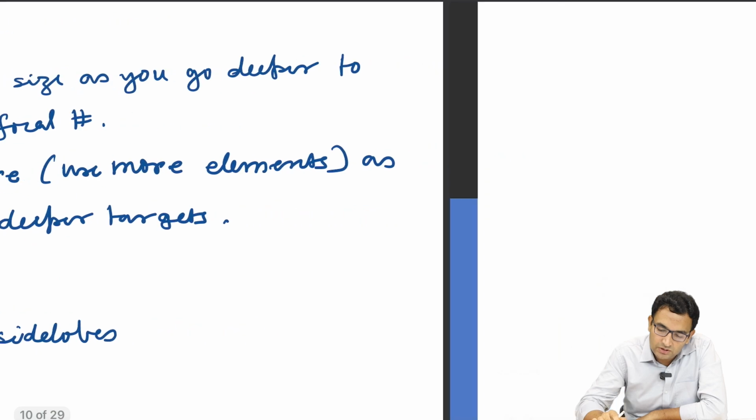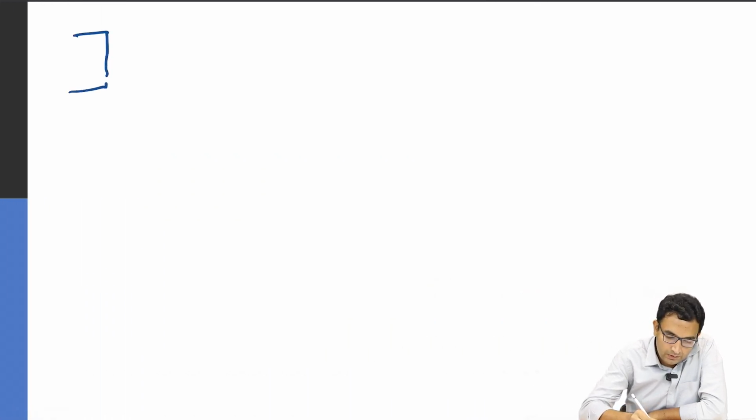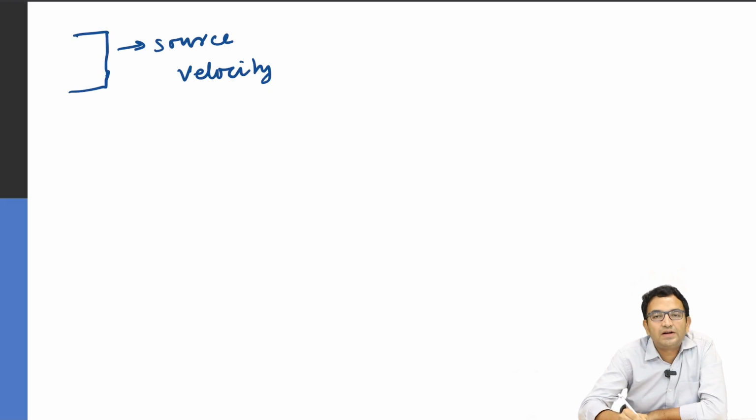So what are we talking about here? If you remember, if you have a source velocity, the source velocity will take the same form or will be proportional to the aperture function.